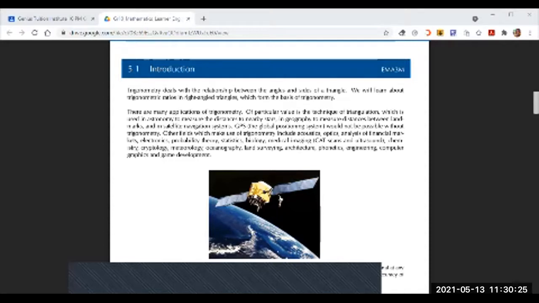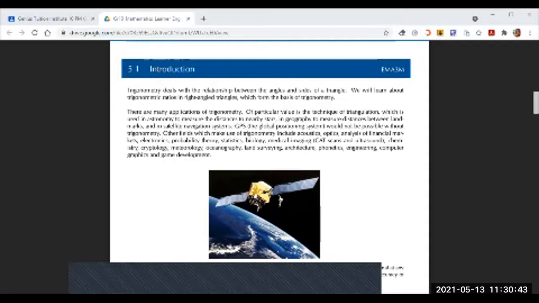Other fields which make use of trigonometry include acoustics, optics, analysis of financial markets, electronics, probability theory, statistics, biology, medical imaging, that is CAT scan, and ultrasound.